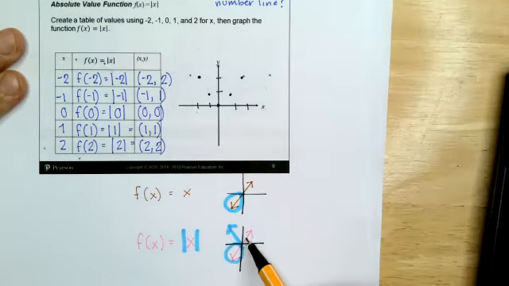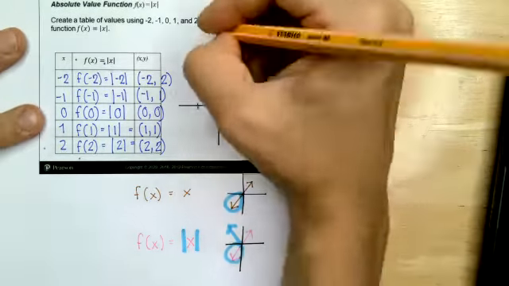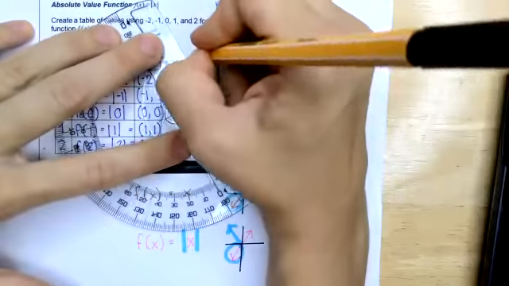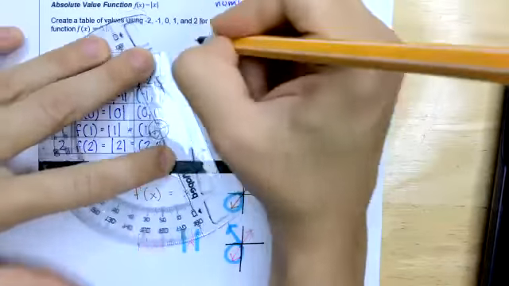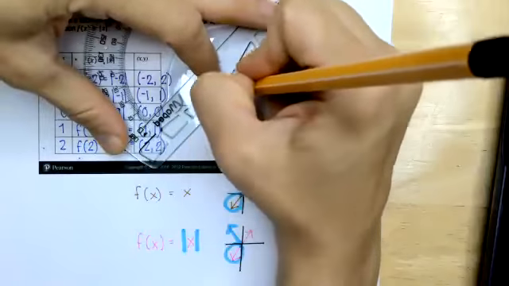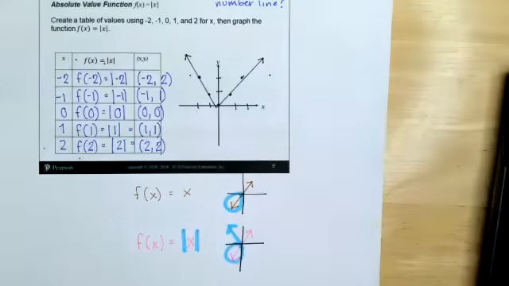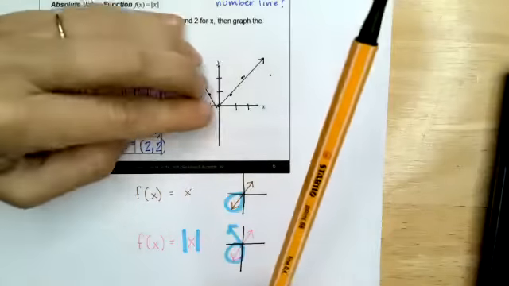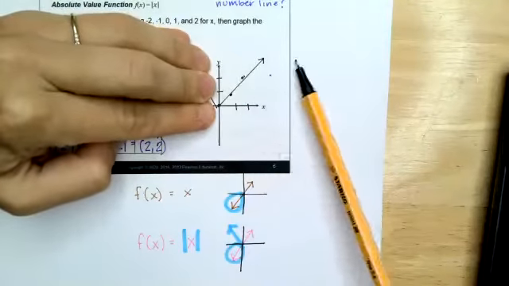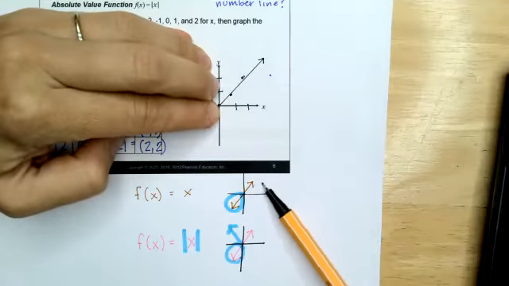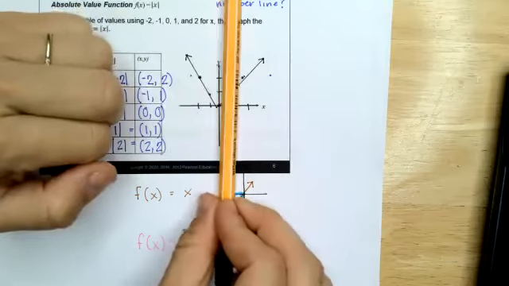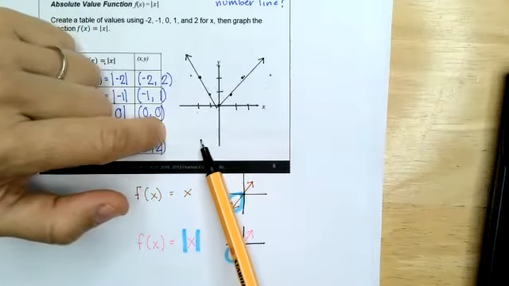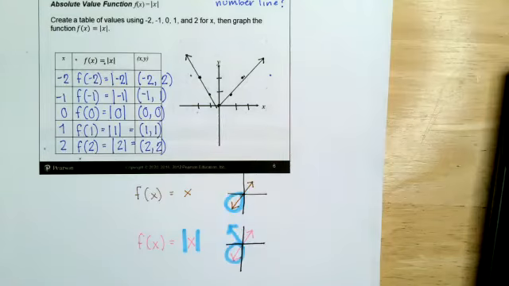We took that graph, shifted it. So when we talk about piecewise functions in a minute, you have a piece of f of x equals x, but over here it's doing something else because the absolute value will never go below the x-axis.